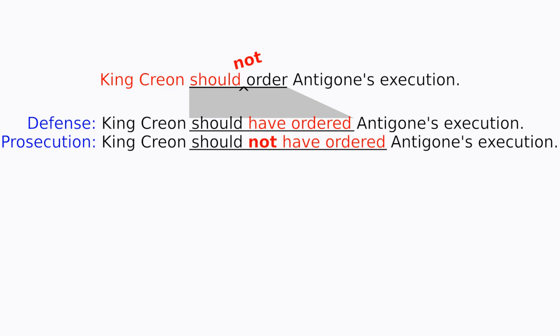Friendly, that is, not to the defendant, Creon, but to the prosecution, wanting to convict Creon of wrongdoing. This prosecutor's job is to indicate that the character in the book made the wrong choice. This helps us to see why we need to think in the past and past perfect tenses rather than writing in the simple present tense.